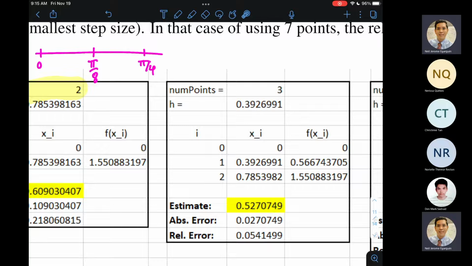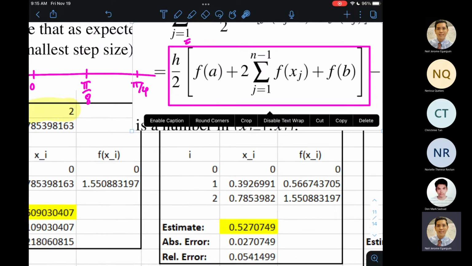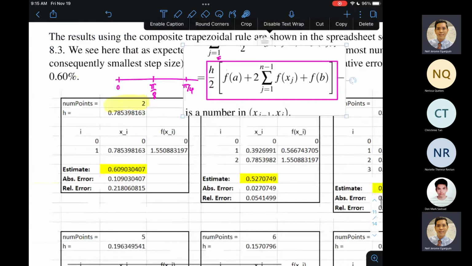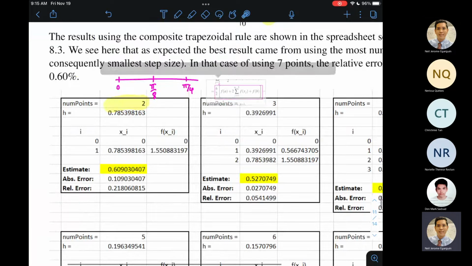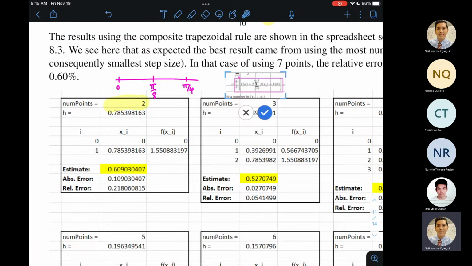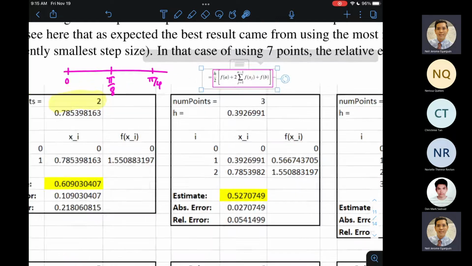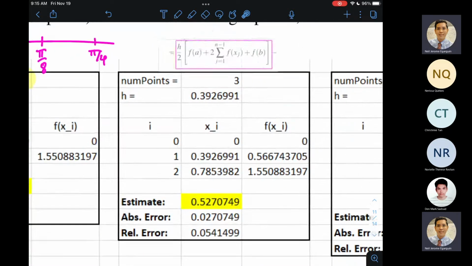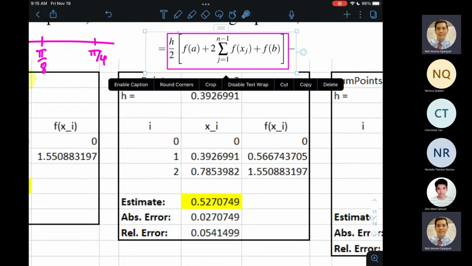So the x's that we are using are 0, pi over 8, and pi over 4. Compute their respective function values, and then use this in this formula. Remember, ito yung composite trapezoidal rule na na-derive natin kanina.